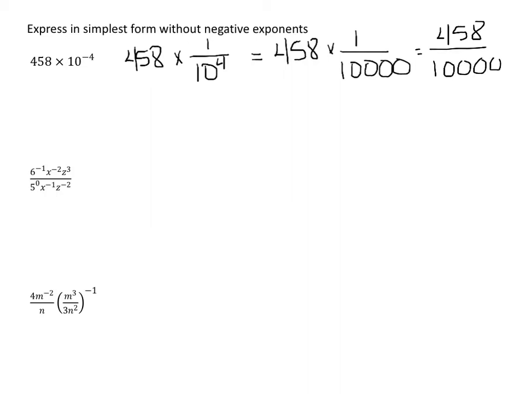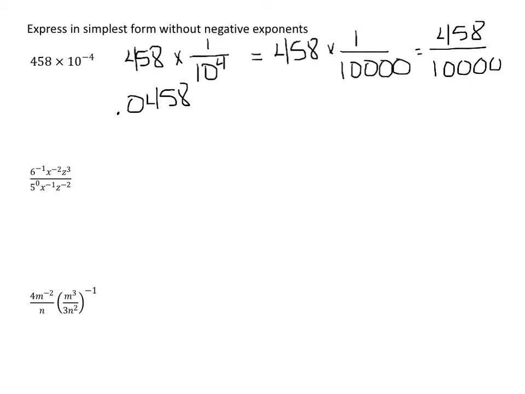And that ends up being 0.0458. This is called scientific notation. We will not spend time in this class on scientific notation, but you will see it a lot in your science classes.